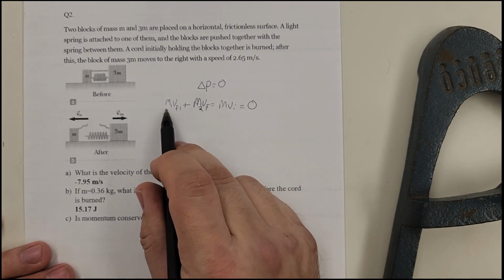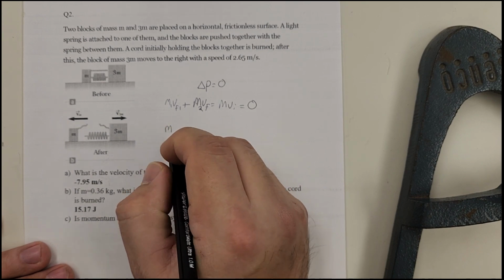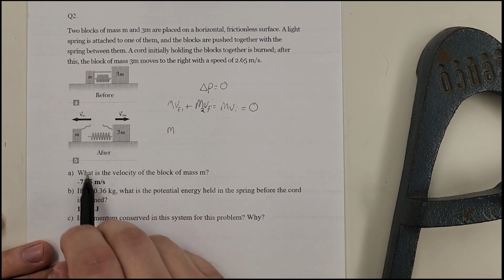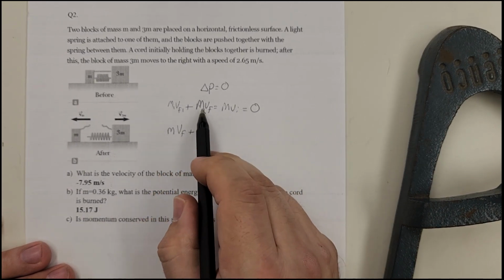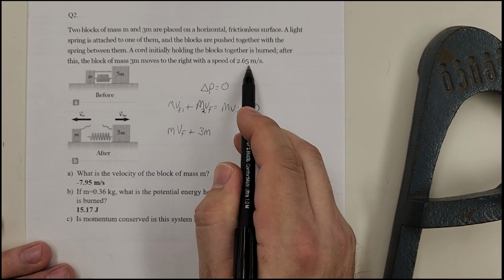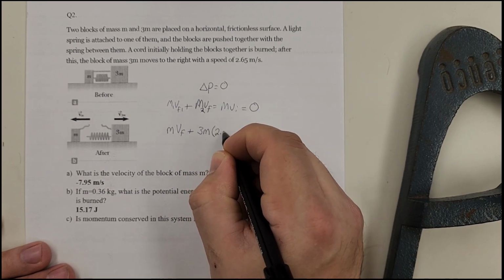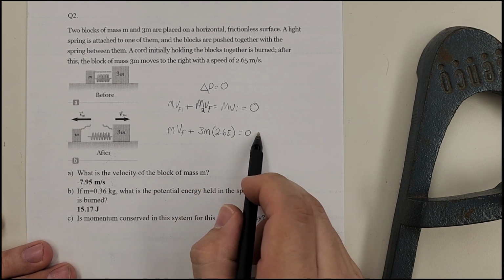If I start putting some stuff in, we can just call this mass 1, so just m. And the final velocity of mass m is what we're looking for. Mass 2 is just called 3m, and its final velocity was given, 2.65. And if all this is equal to 0, I can move this to the other side.